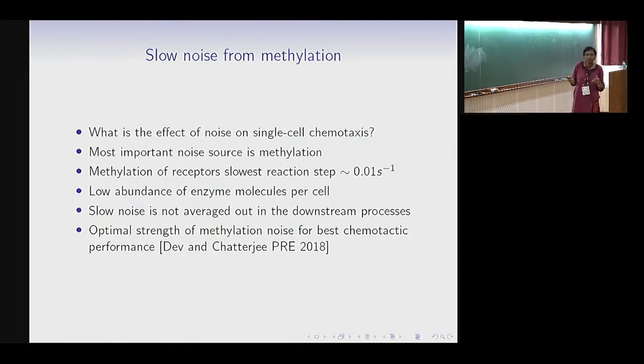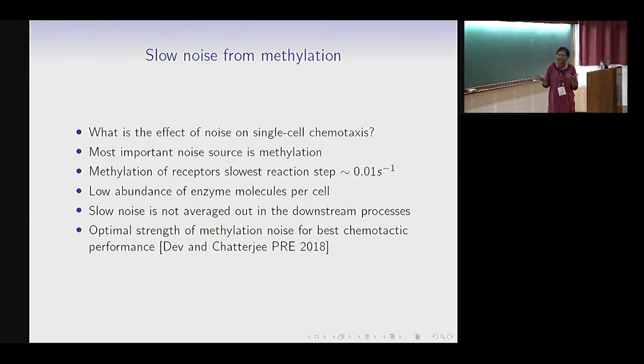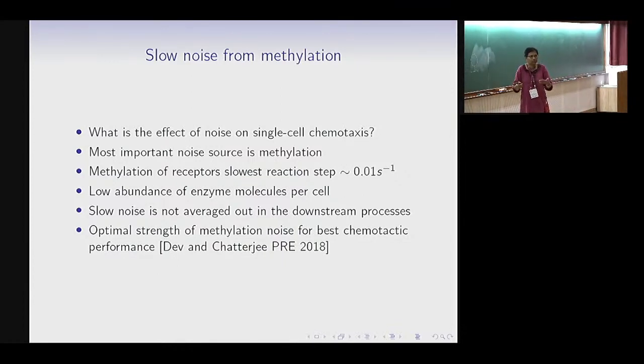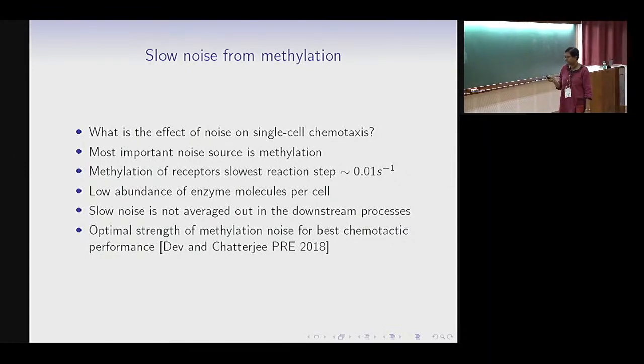And fluctuations are also something I would expect here, because I just said that the enzyme molecules are present in really low concentration. So they are subject to fluctuation, and those fluctuations come as a slow noise. I cannot get rid of them. In fact, in an earlier work, we had considered the role of methylation noise on chemotactic performance.